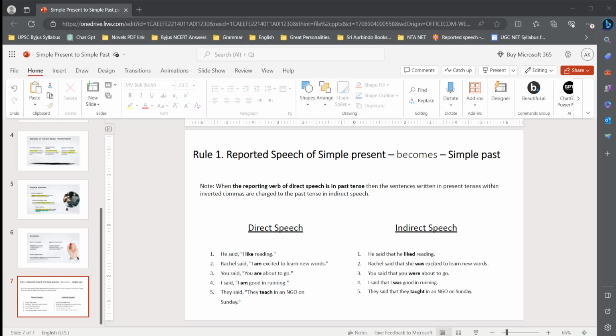And the 5 sentences should be based on simple present within direct speech and changed to indirect speech.